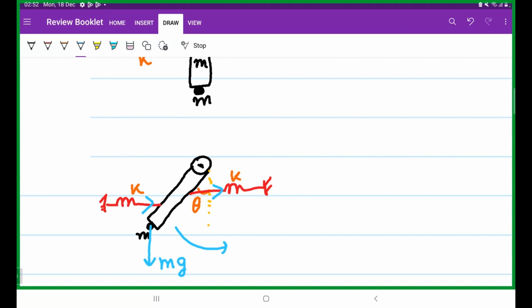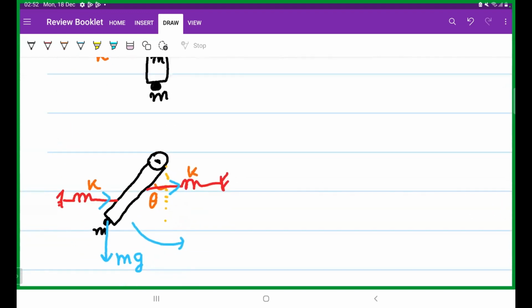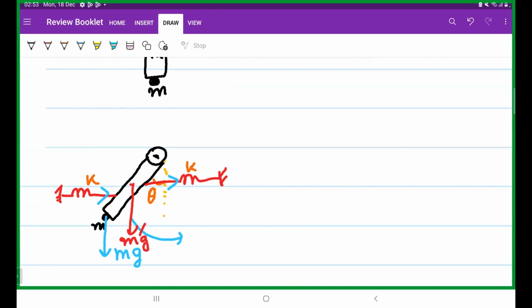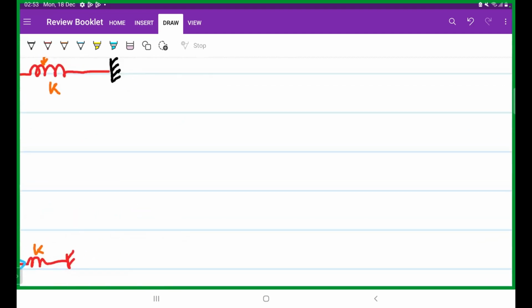And we have the mass of the body here. Let this be the center of mass of the body, and we have the gravitational force m dash g acting as well. This component of mg is also trying to make this body rotate in an anti-clockwise direction. So let's now write the equation.